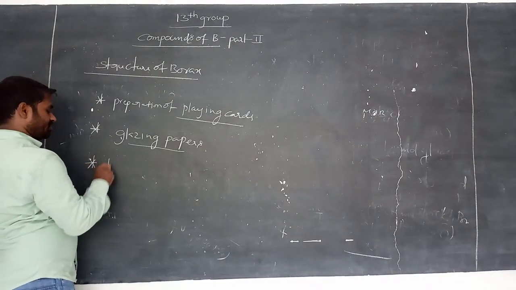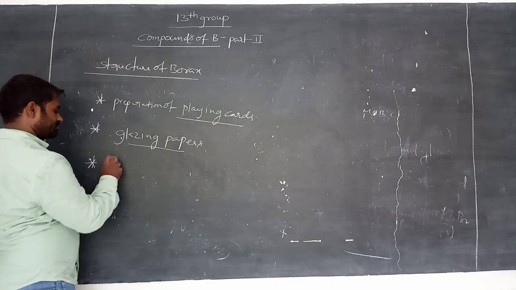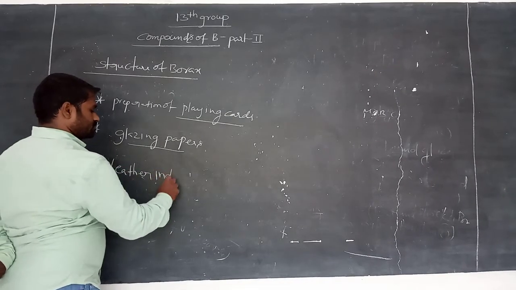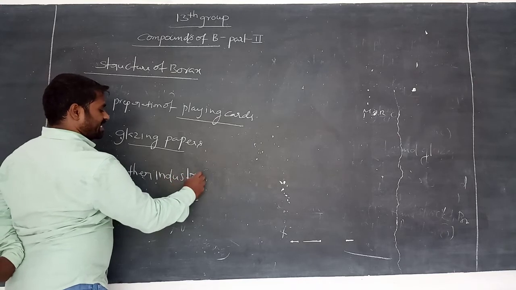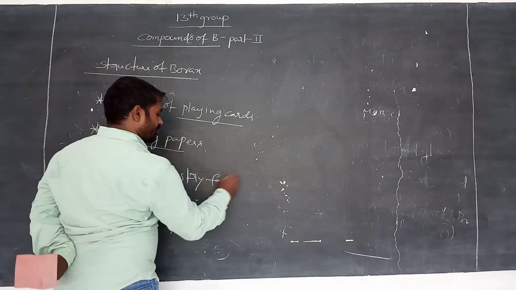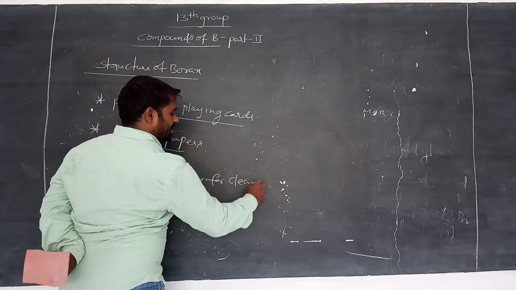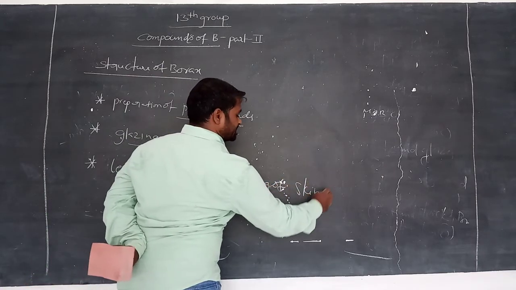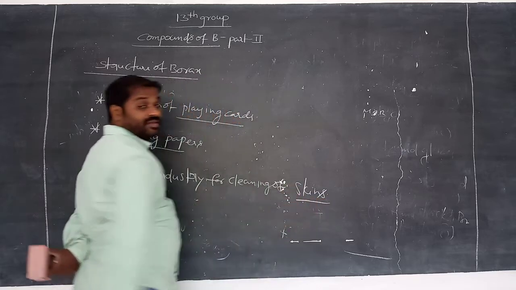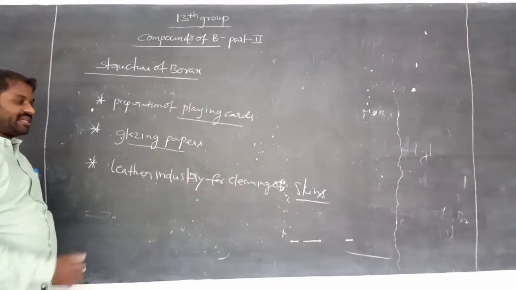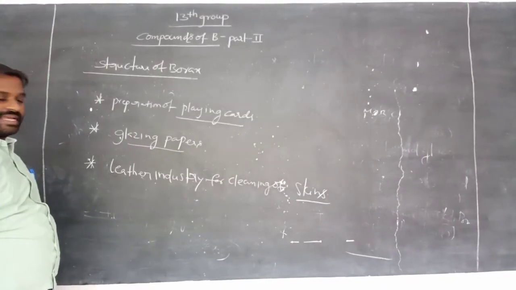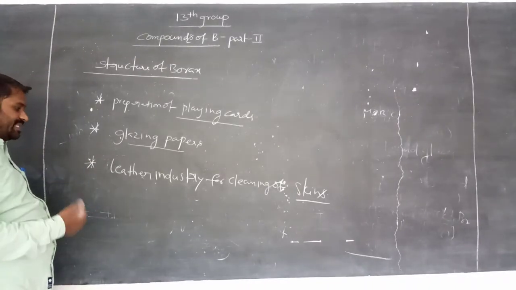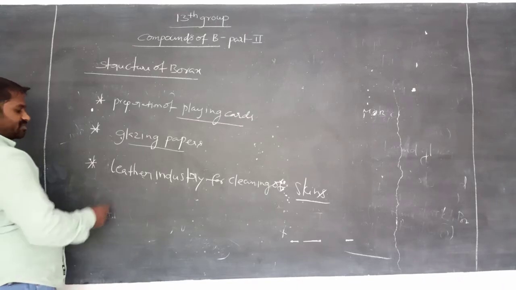And it is used in the leather industry for cleaning of animal skins. By using animal skins we can prepare leather articles like shoes, belts, like that. If you want to purify or clean that leather, we use borax, okay.